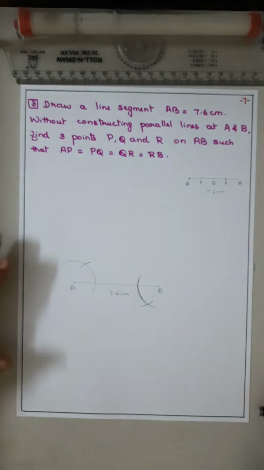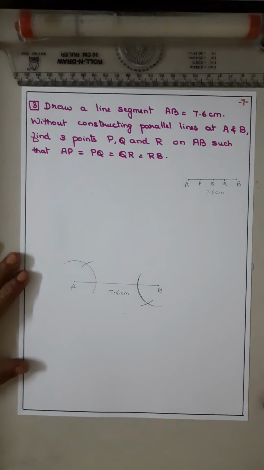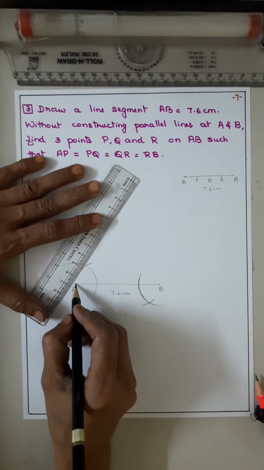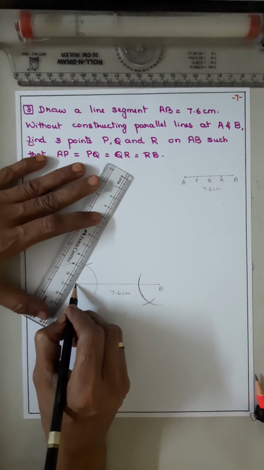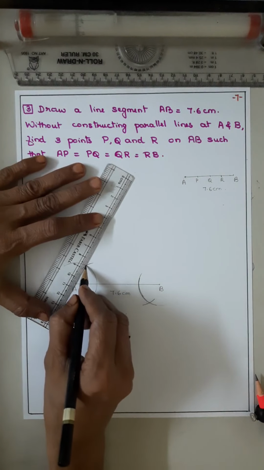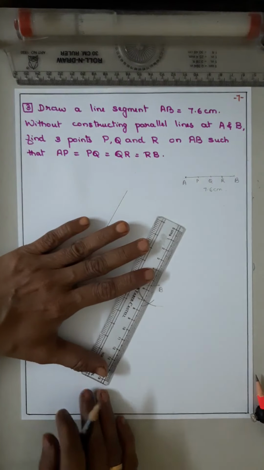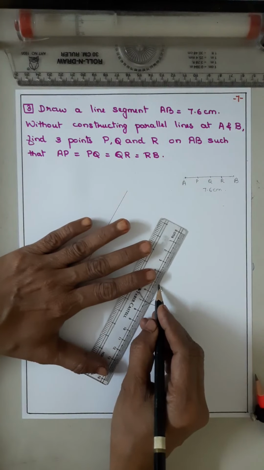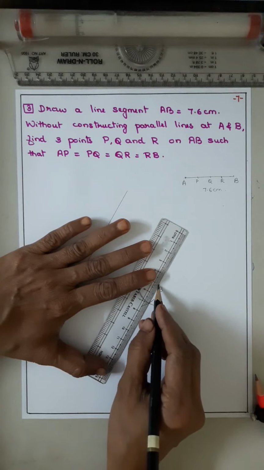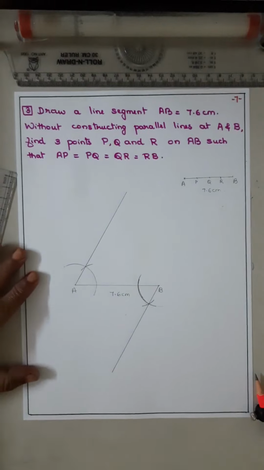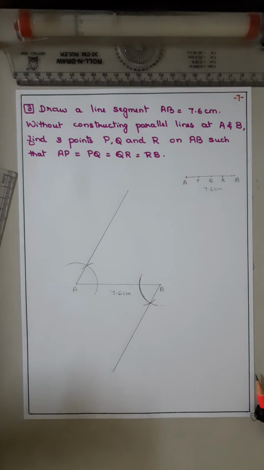Now draw the lines like this. Now we want 4 equal parts.